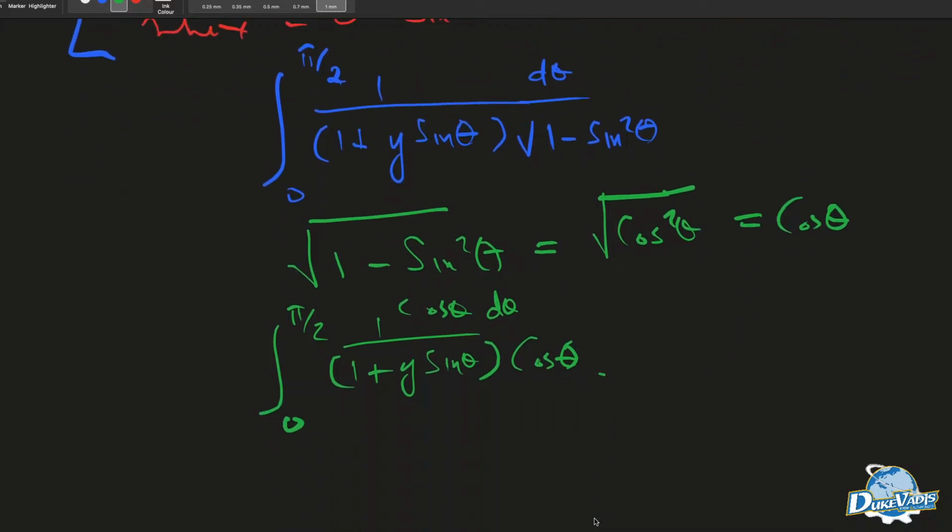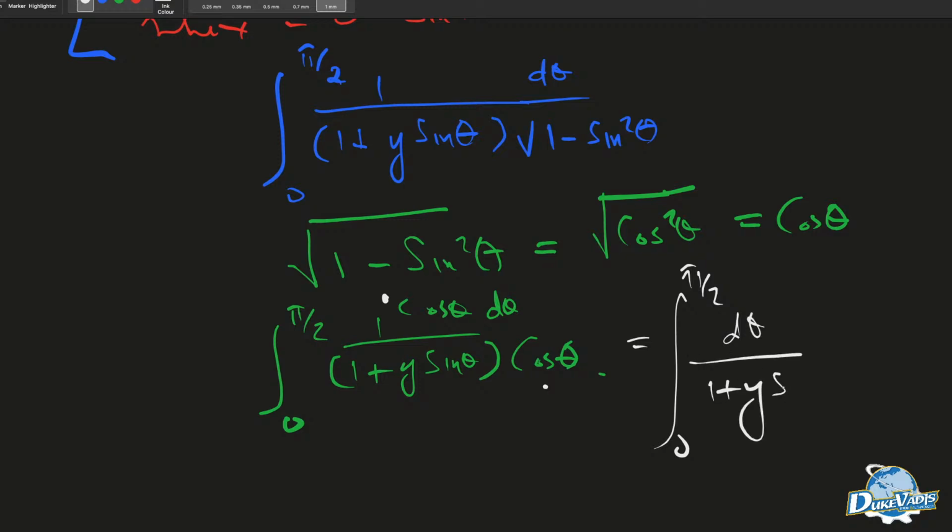So our simplification has become very easy. The cos will take care of the cos, so that eventually the equation will be the integral from 0 to pi on 2 of d theta over 1 plus y sine theta.